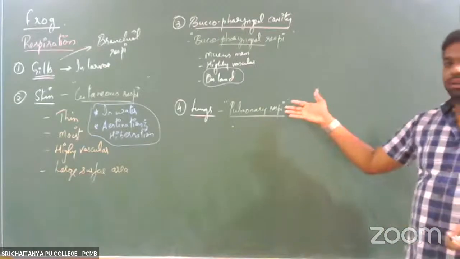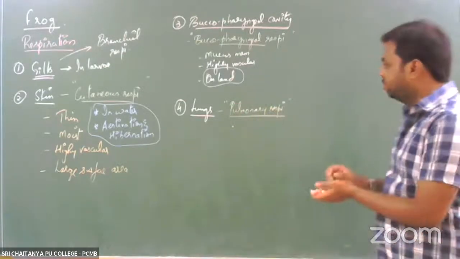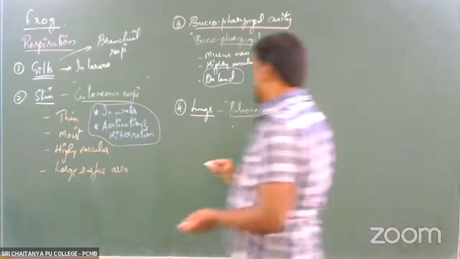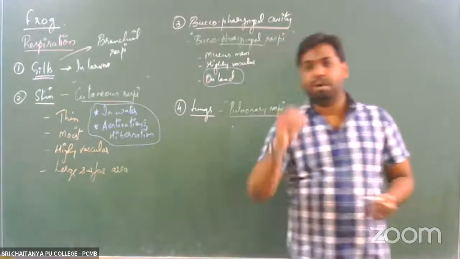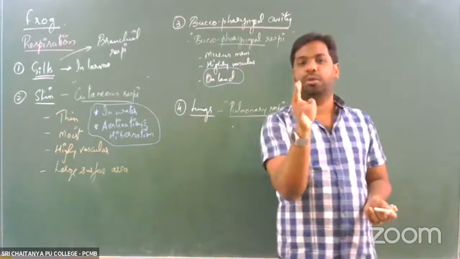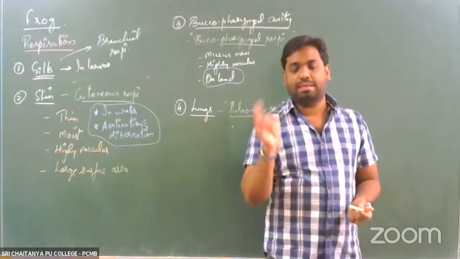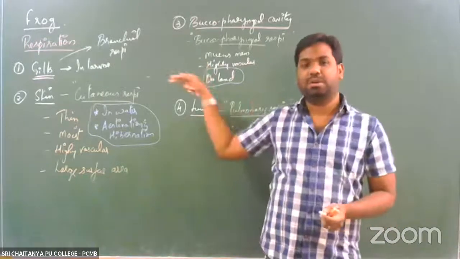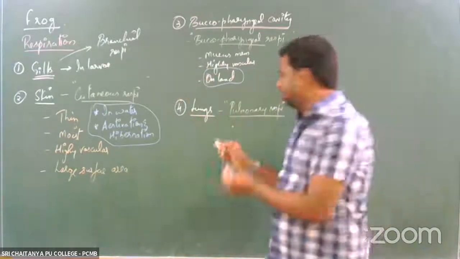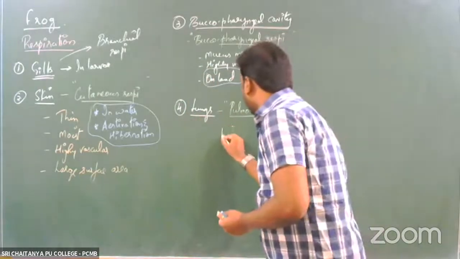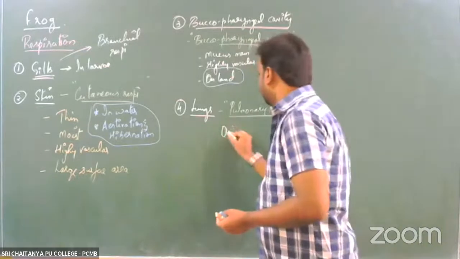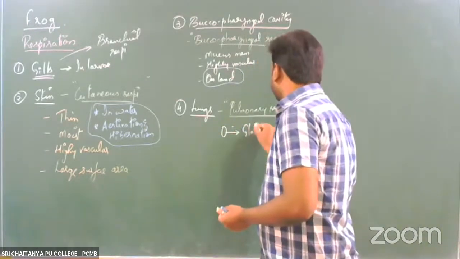Now if you look at the structure of the lungs, how exactly it appears is, as I've already said, in the buccal cavity there are two openings, right? One is the opening of the alimentary canal, which we call the gullet. And the second is the opening of the respiratory tract, which is called the glottis. So this is how the glottis appears.